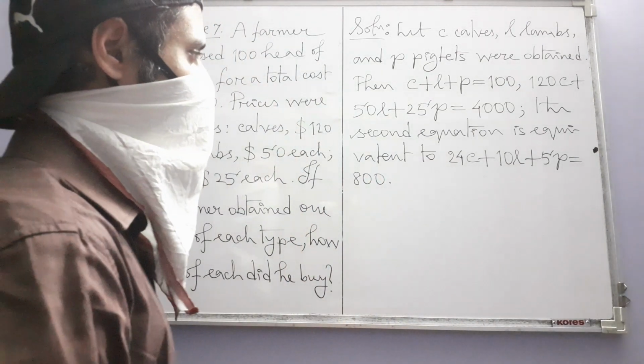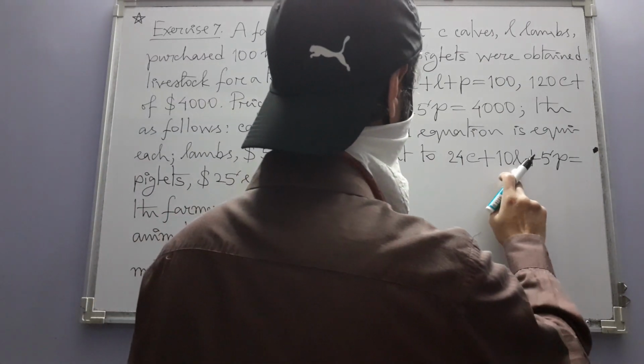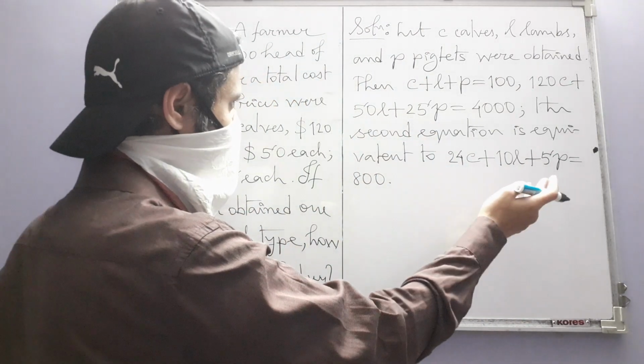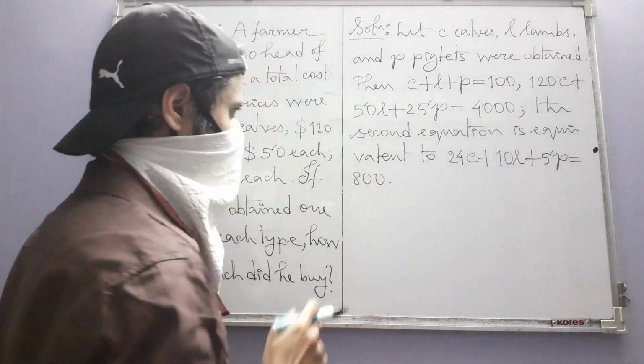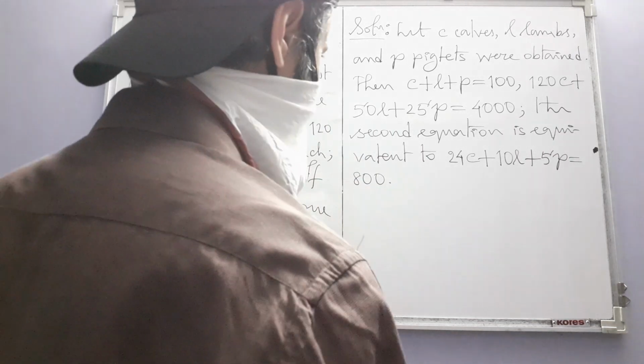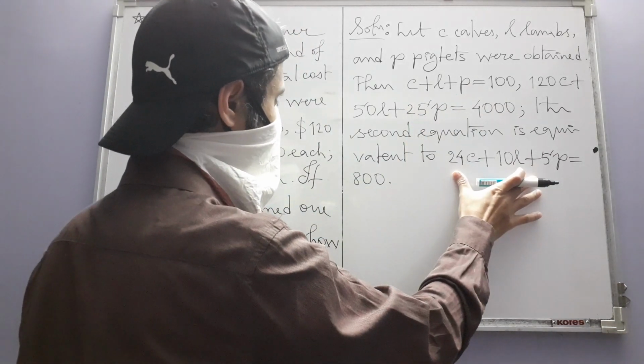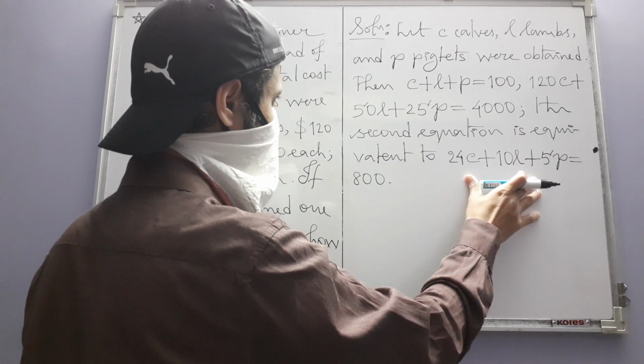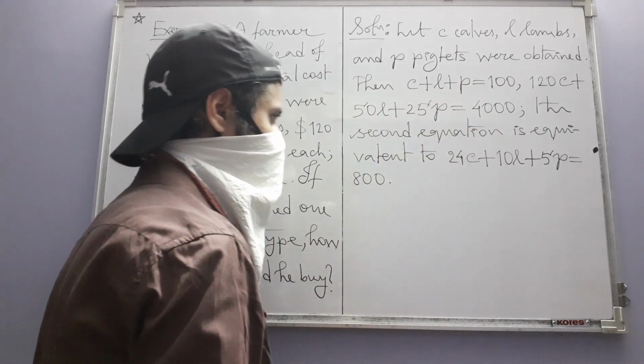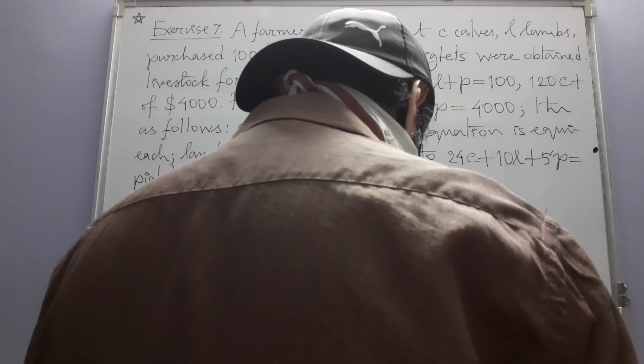That's what I have written there, which is wrong. And then of course 10 and 5 and 800. Yeah, now it's okay. Okay, now we use this equation and this equation to get rid of P. Okay, that's what we have done here.